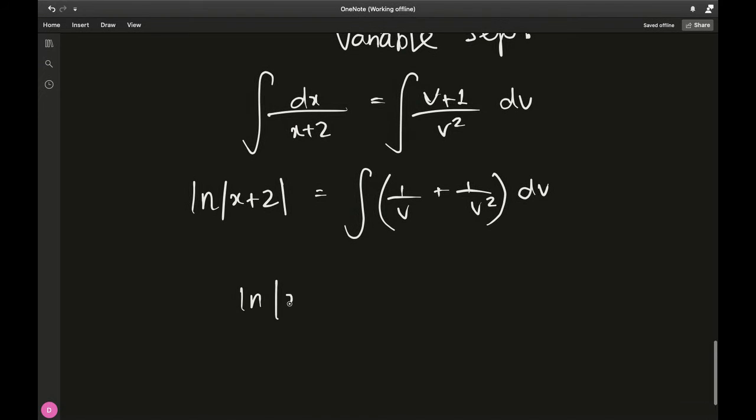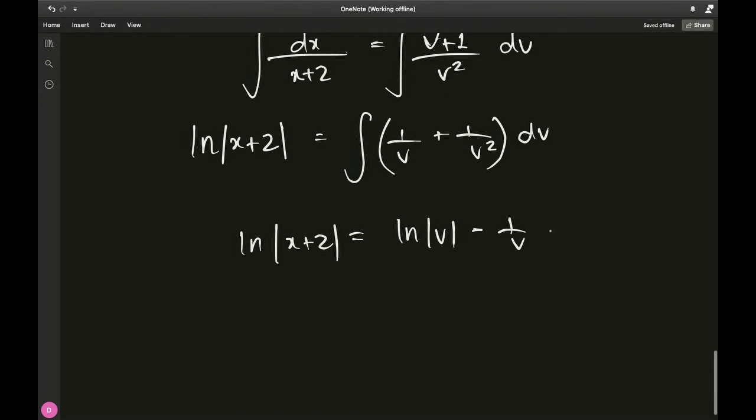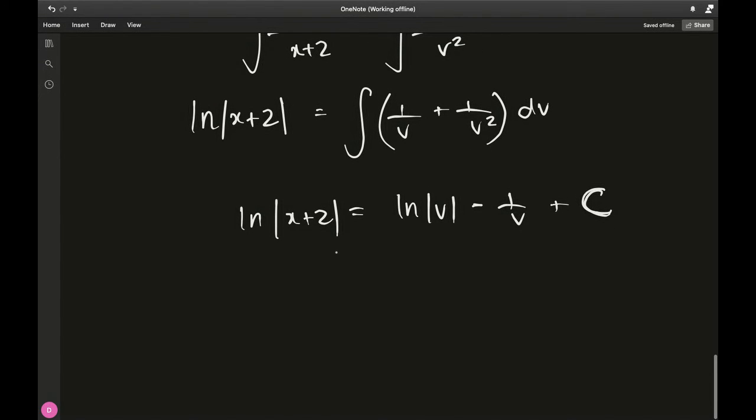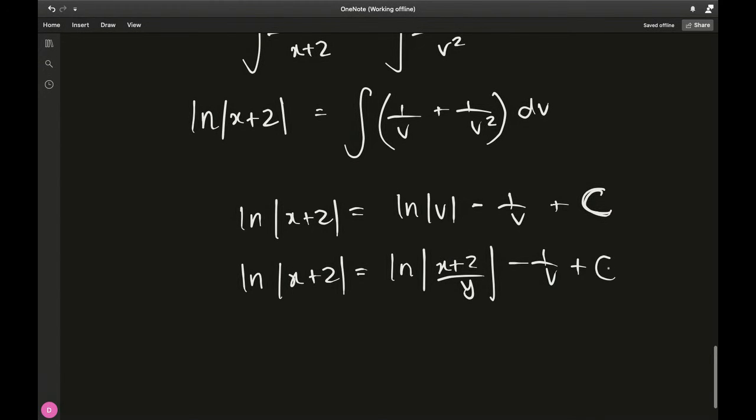So natural log of x plus 2 is equal to natural log of v minus 1 over v plus a constant of integration, because it's an indefinite integral here. Well, I can plug in for v, x plus 2 over y, minus 1 over v plus c.